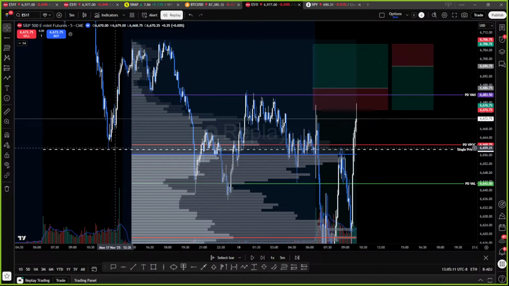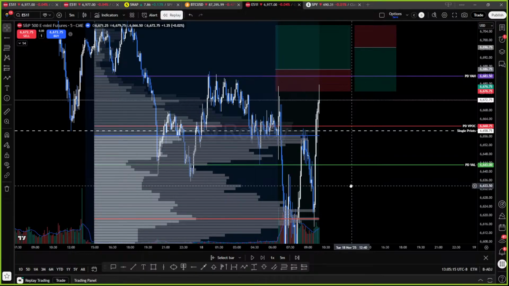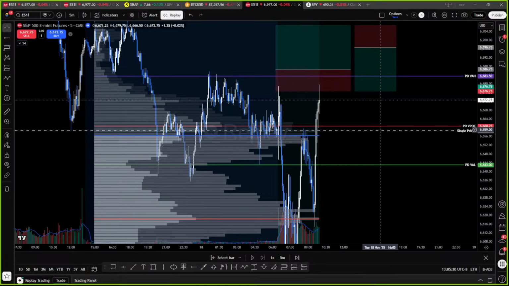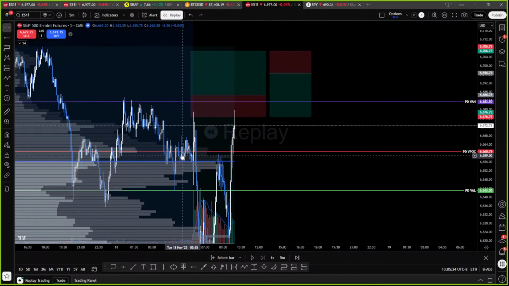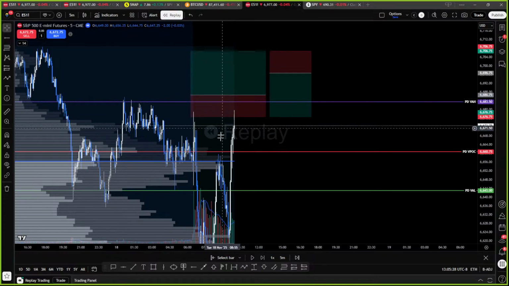Wait, what's this single print? This is old, right? And I didn't delete it. It's got to be old. Okay. This would be a retest, I think. Well, yeah.